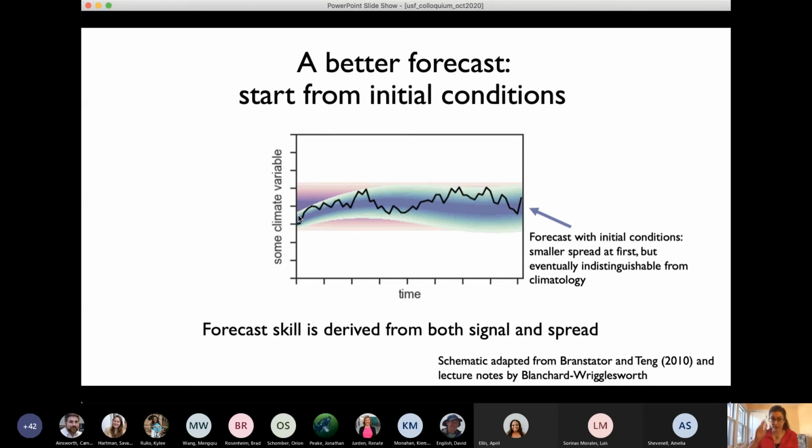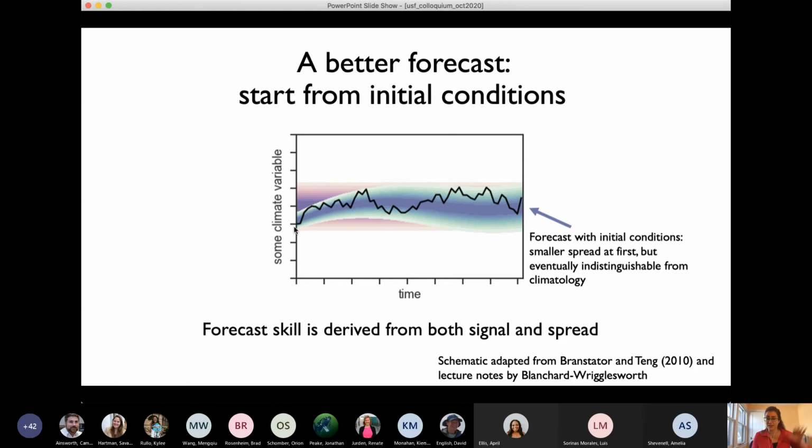And so in here, I've represented initial value predictability with this green swath of probability distribution. You can see its mean. It has some time variability. And at the beginning, the possible spread that you have, because you've constrained your forecast to what you had initially, is way narrower.